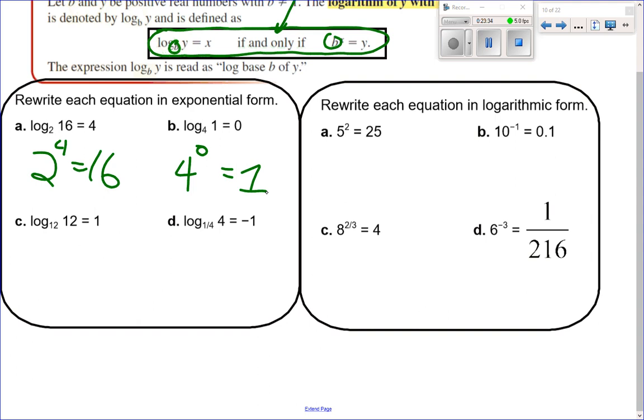Letter C, what's the base? 12. So the first is 12. Letter D, what's the base? 1/4 to the negative first equals 4.